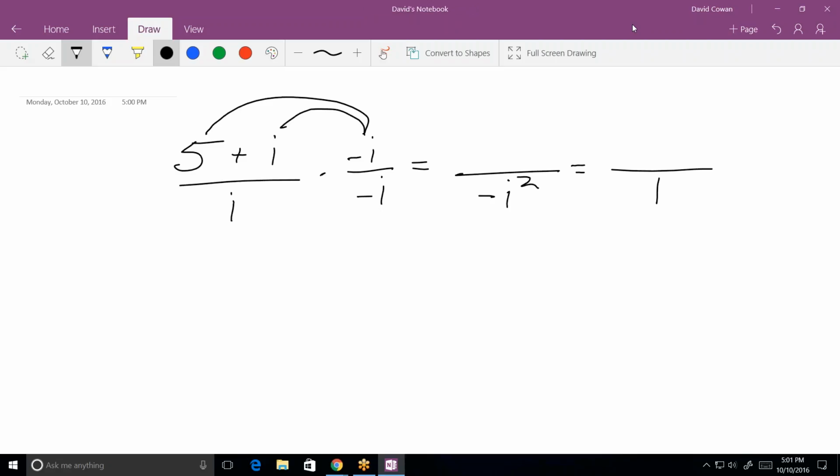Oh. Okay. In other words, what we're doing is multiplying that by that. So this has to be distributed to both terms. So it'd be negative 5i minus i squared.